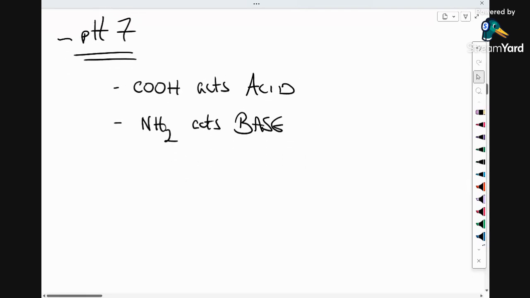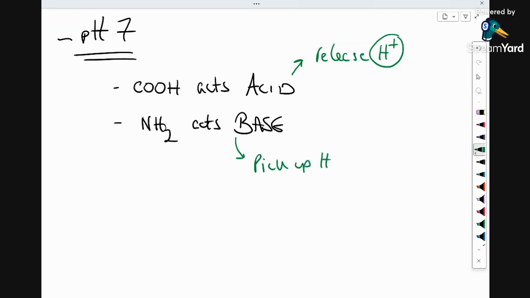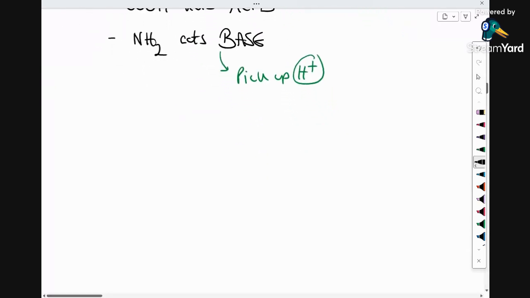So in other words, our carboxylic acid group will release or donate its proton to solution, and the amino group will pick up a proton from solution. Same proton, but if you wish to learn, imagine that it is, then that's fine. But the amino acid will actually look like this.